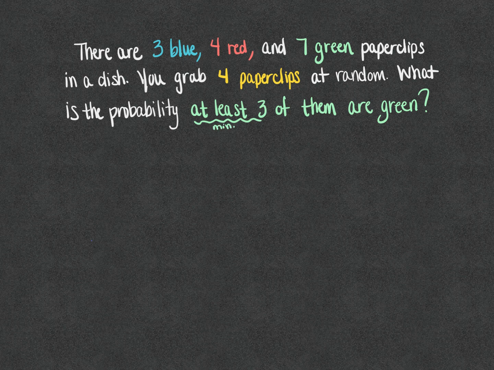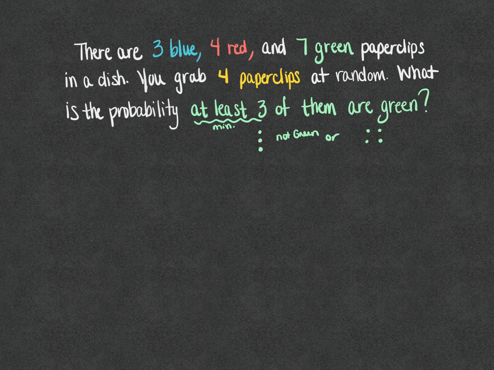So I'm grabbing 4 paper clips. That means I will end up with 3 that are green, or possibly all 4 are green. In the event 3 of them are green, 1 of them would not be green. I don't know if it's red or blue, and it doesn't matter. I just know it's not a green paper clip.